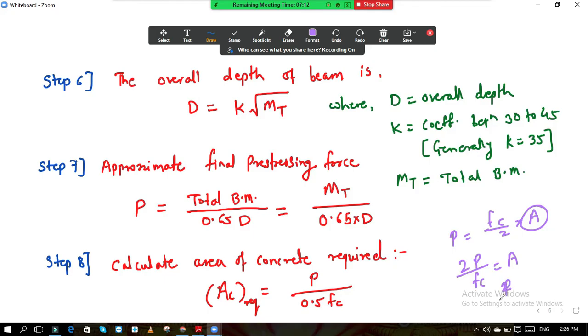So it is P divided by 1/2 fc is equal to A. This will be the formula. That is the same formula which is written over here. Okay.